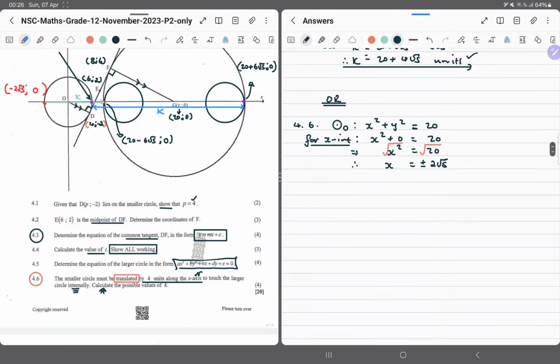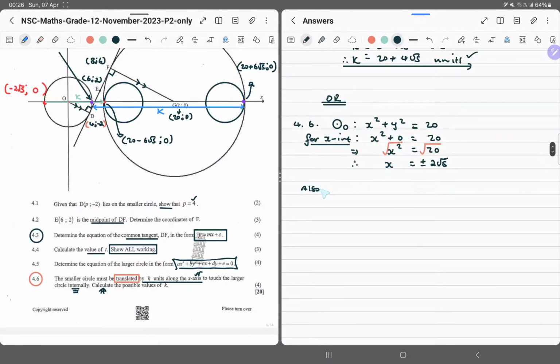Okay. Then you can say also the circle with center G is such that we know that we found the equation above as x squared plus y squared minus 40x plus 220 is equal to 0.